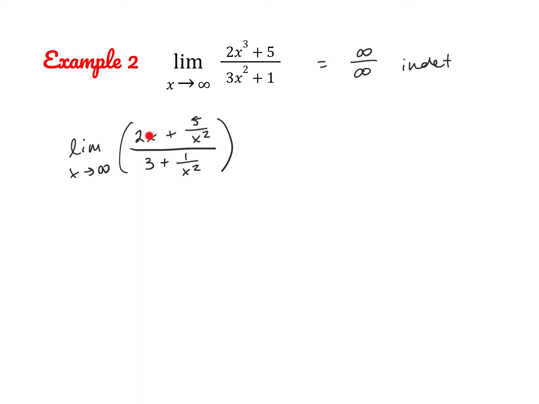Now we can evaluate each individual part as x approaches infinity. The 2x term will approach infinity. The 5 over x squared term will approach 0. The 3 will approach 3. And the 1 over x squared term will approach 0, because a number divided by infinity will approach 0.